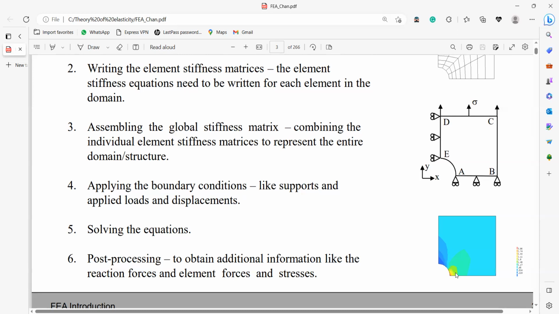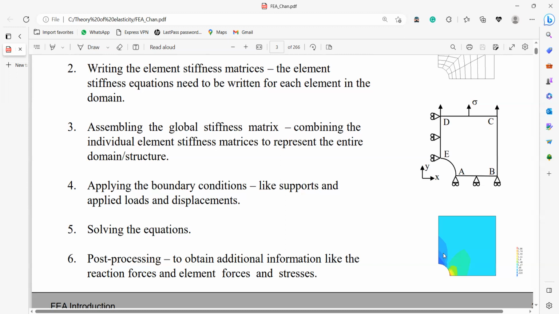What you see here is that it is increasing, whereas here it is decreasing. Why is it? So this is how we interpret the stresses or the reaction forces, or the element forces.